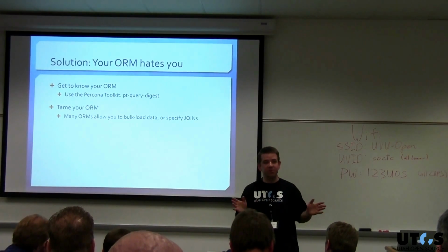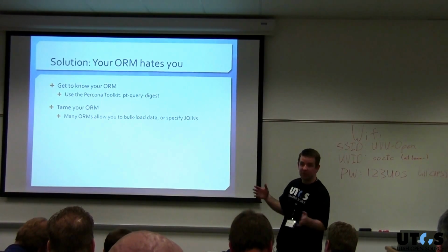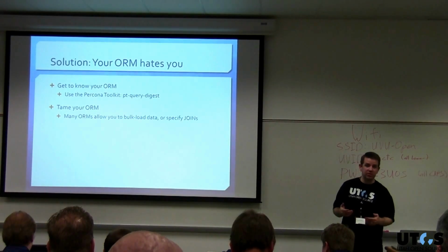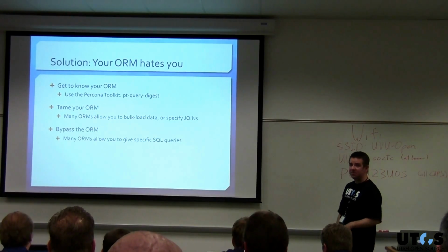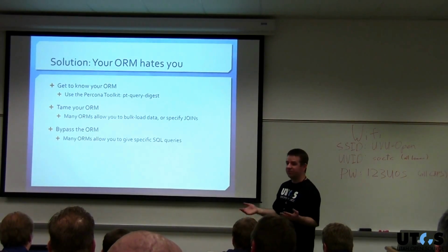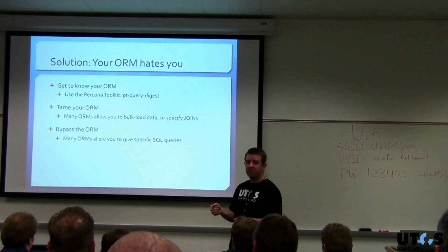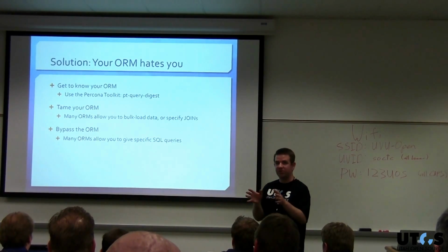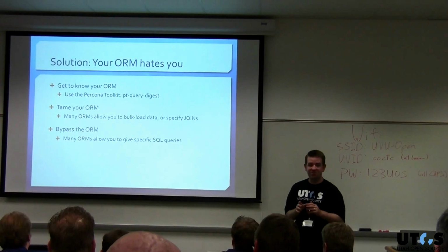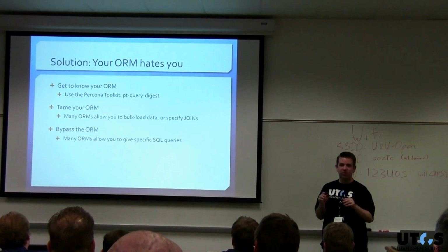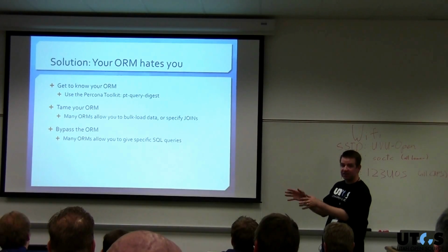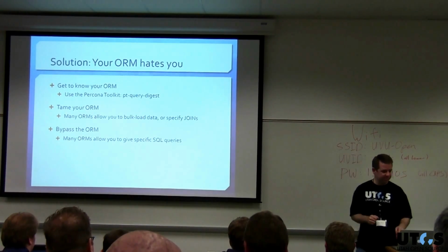I can't speak to your specific ORM, but most of them do have ways to do that. So you should learn and use those methods. And in some cases, your ORM still hates you, and it's best just to tell it what your SQL is and tell it to run it. Most of them do have ways to actually do that, still using the ORM ostensibly, but you're just telling it exactly what to run.